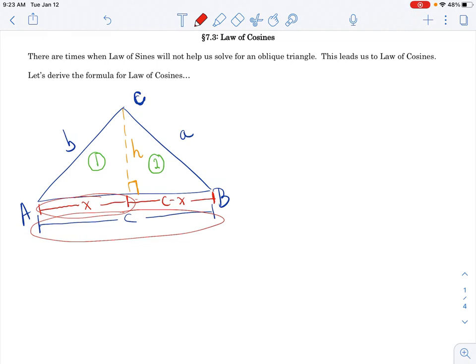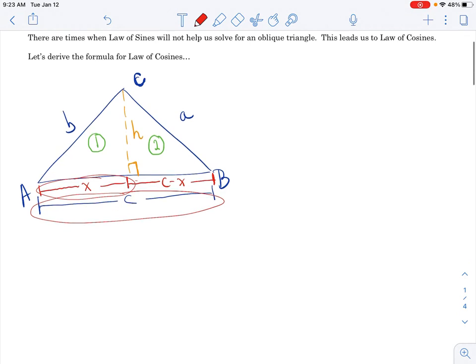Now I'm going to use Pythagorean Theorem for that number 1 right triangle. We actually have 3 triangles here: 2 rights and 1 big oblique. So if I use Pythagorean Theorem for number 1, remember that would be leg squared plus leg squared equals hypotenuse squared.